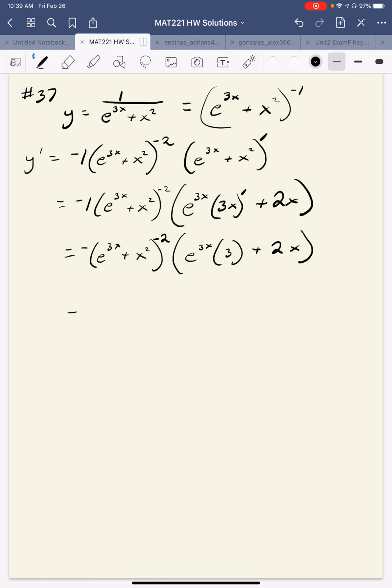I'm going to turn it into a fraction. So in my denominator, I'd have e to the 3x plus x squared. In my numerator, I'd have 3 times e to the 3x plus 2x. And I've got this negative sign out in the front, so I can deal with that by simply putting the negative sign in the front of my fraction.